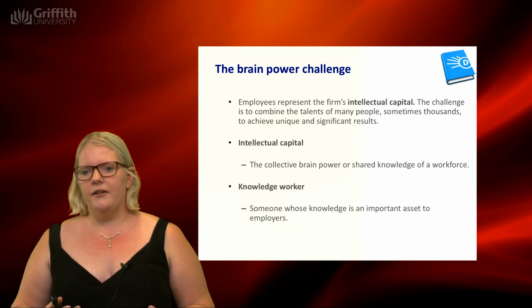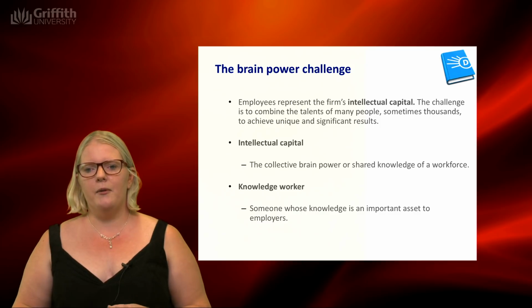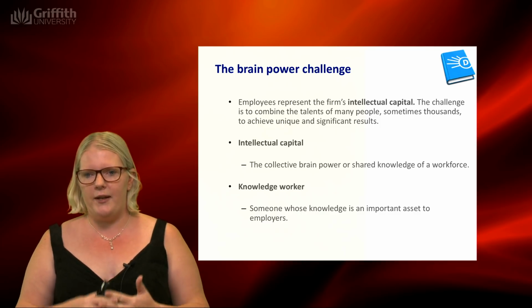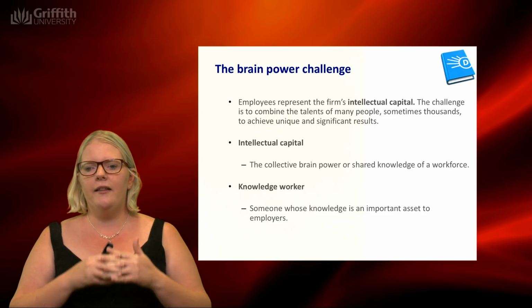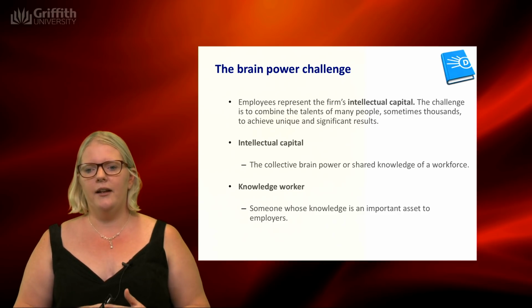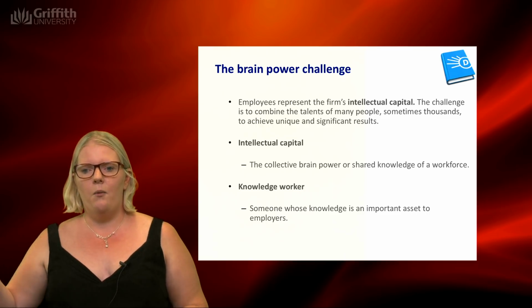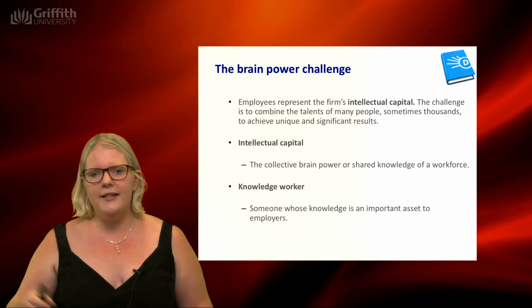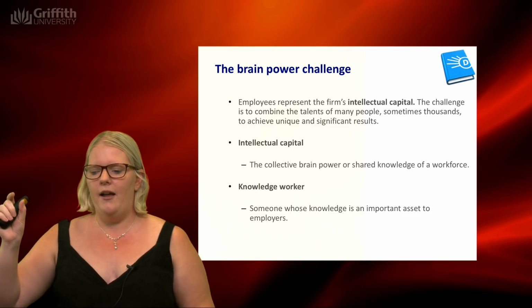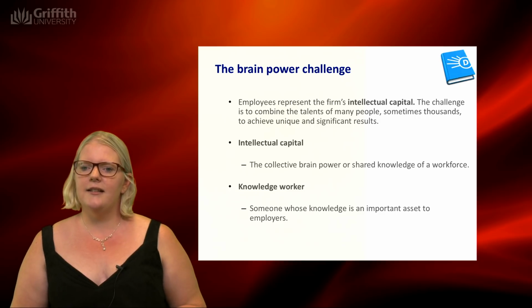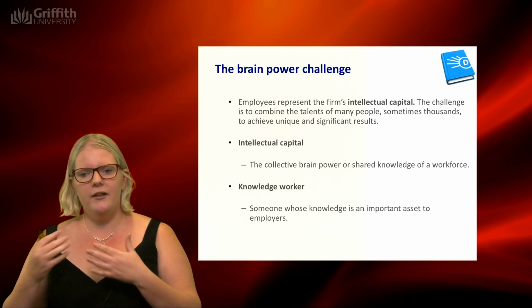In an organization, what tends to happen at the moment is that we're undergoing this brain power challenge, because according to the resource-based view of the firm, the only thing that we can compete on is our human resources. While we can patent certain technology and trademark others, people tend to find similar formulas.